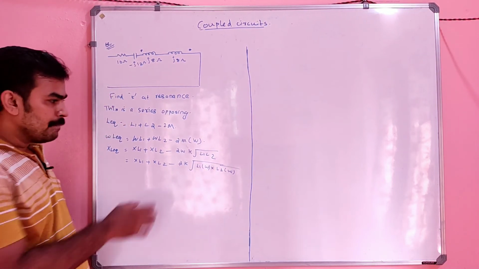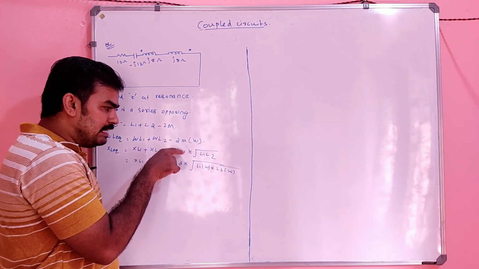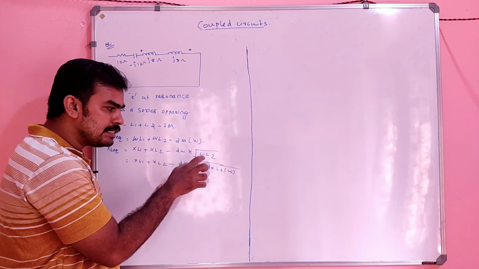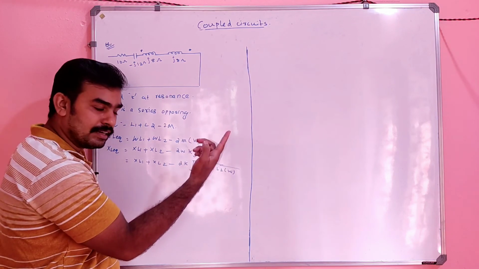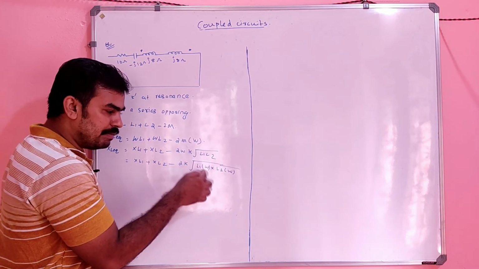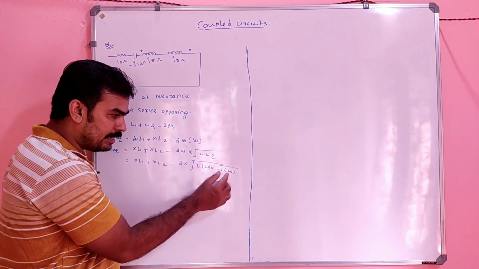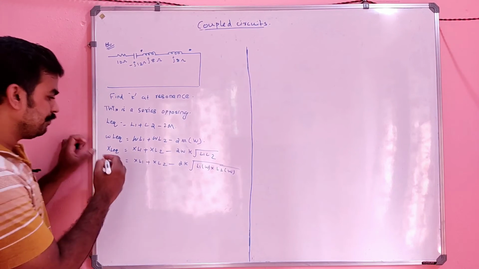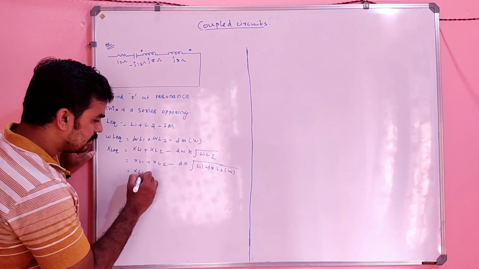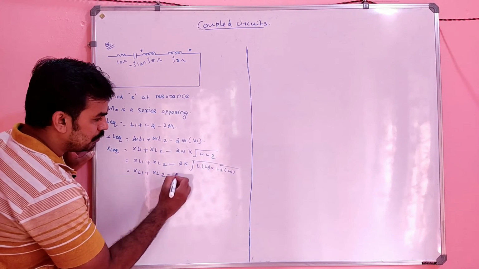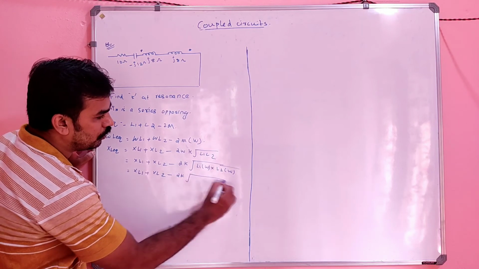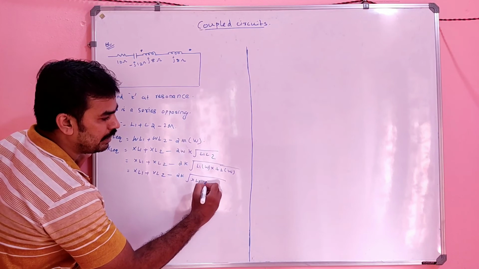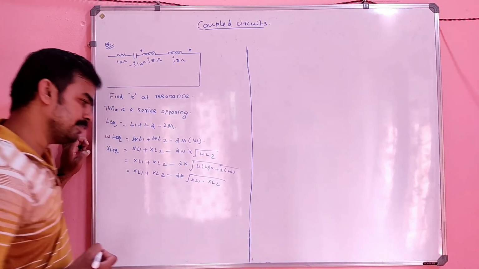That means I inserted this omega inside the root, so it will be omega square. Omega square I split, one for L1 and another for L2. So it becomes XL1 plus XL2 minus 2K into root of L1 omega, which is nothing but XL1, and L2 omega, which is nothing but XL2.